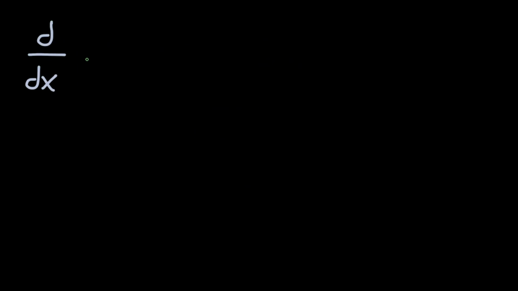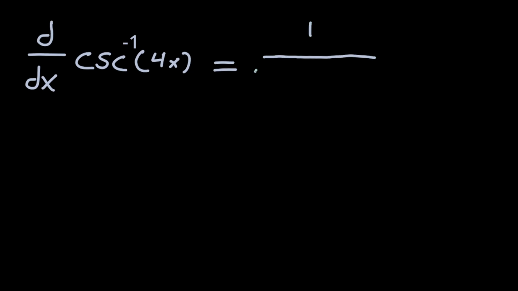d dx of cosecant inverse of 4x. So this equals 1 over the absolute value of 4x, which is just going to be 4x here, times the square root of 4x squared overall, so 16x squared minus 1, times the derivative.